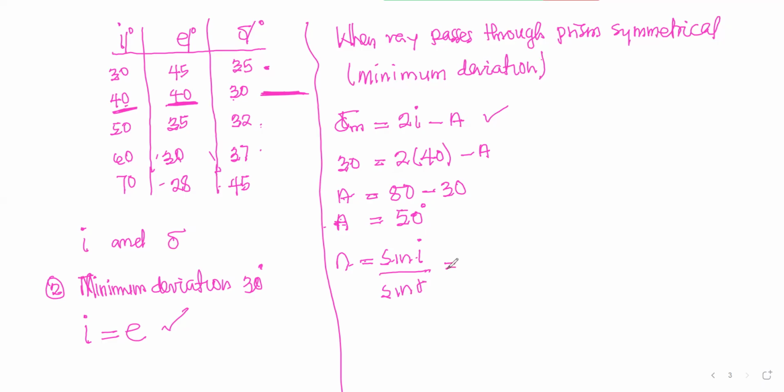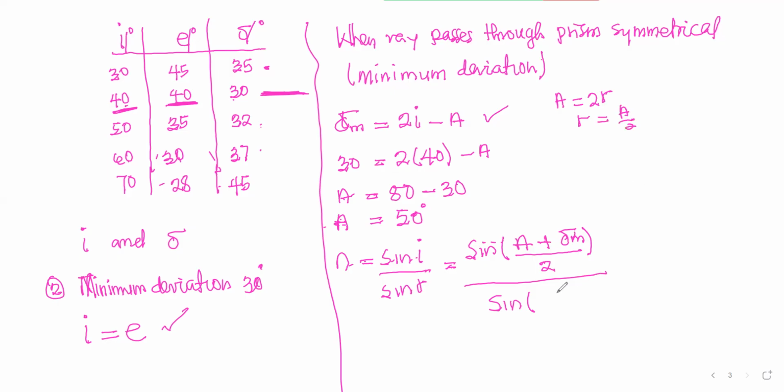But we are at the minimum deviation, and at the minimum deviation, when you make I the subject, you have sine of A plus the minimum deviation all divided by 2, all divided by sine of A over 2, since A is equal to 2r, and r is equal to A over 2. So substitute A over 2 here. You are good to go.